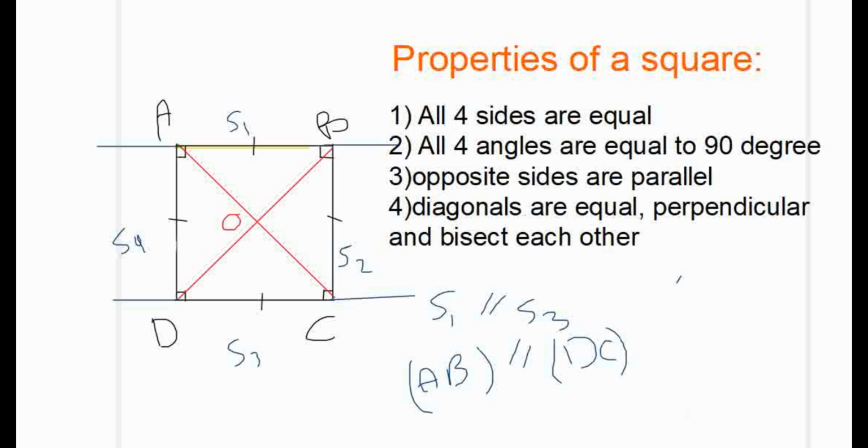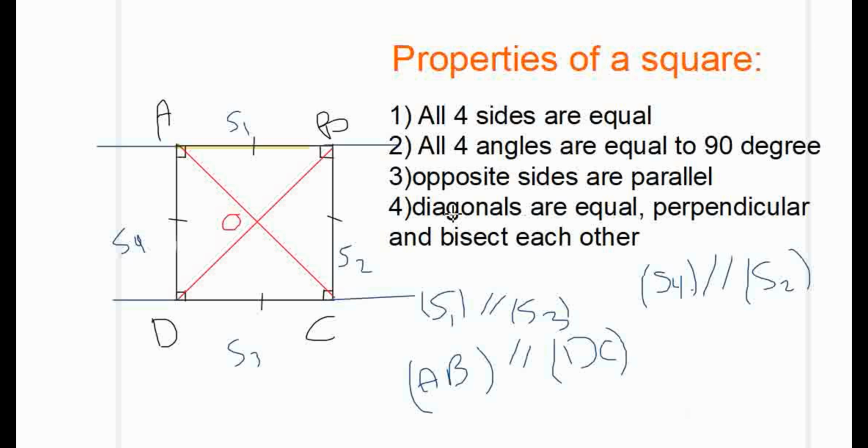So also we can write S4 is parallel to S2. Also I can write it here in parentheses. So this is the third point. It means S1 parallel to S3 and S4 parallel to S2. These are the opposite sides.